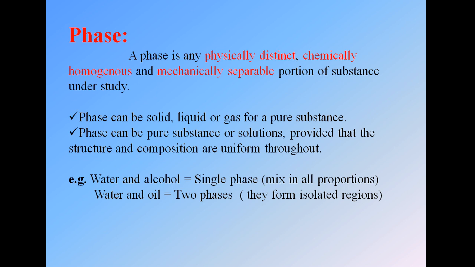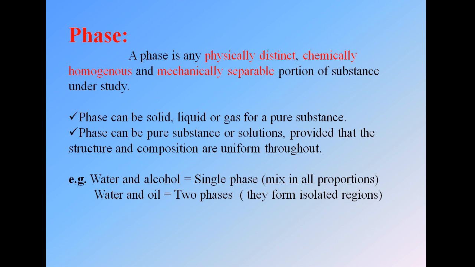This is called a phase. In general, we have three phases: solid, liquid and gas, and a phase can be a pure substance or a solution, provided that the structure and composition are uniform throughout. Uniform means the structure and composition will be homogeneous throughout the structure.